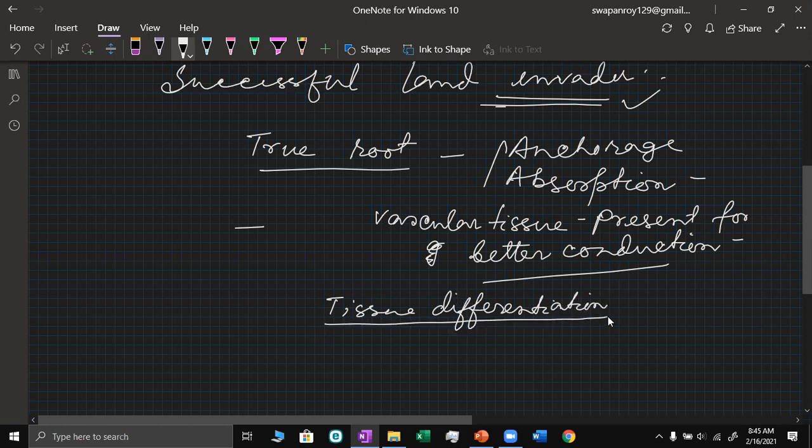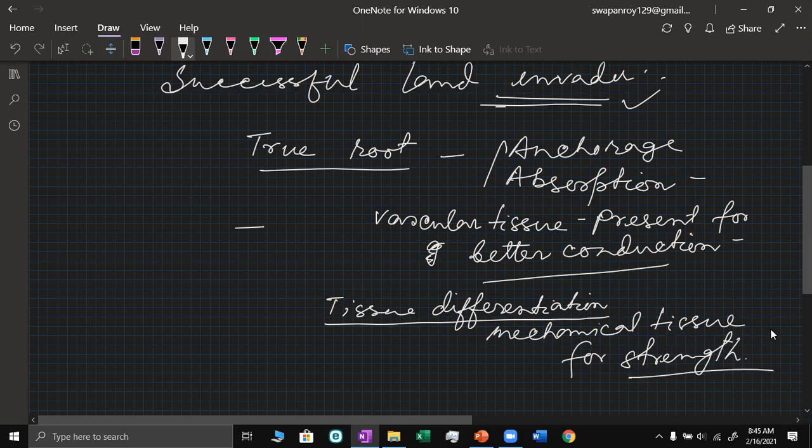Different types of tissue are there, particularly the mechanical tissue, tissue for strength. Okay, so they are well adapted.